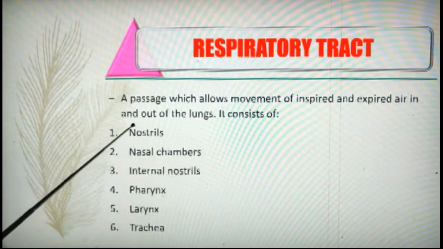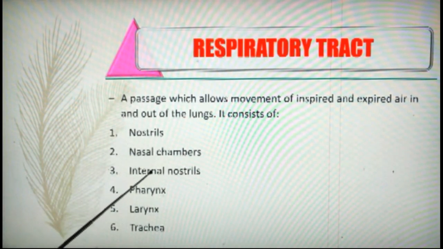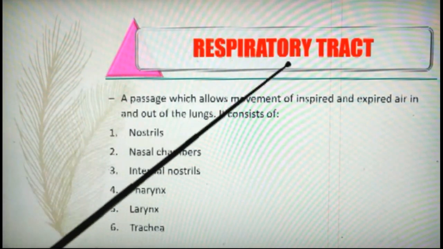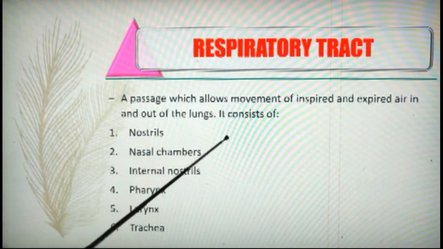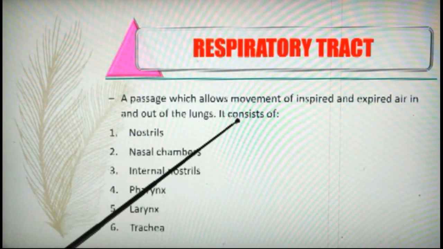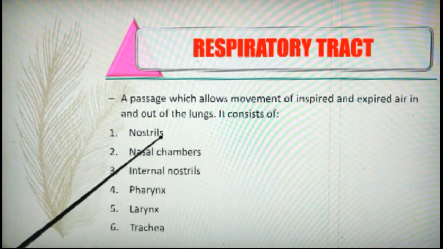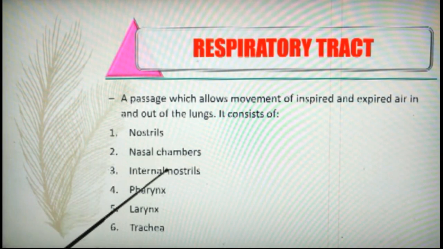They are the nostrils, nasal chambers, internal nostrils, pharynx, larynx and trachea. These are the main important structures associated with what? The respiratory tract, or the structures which allow the entry and exit of respiratory gases, that is the oxygen as well as carbon dioxide.